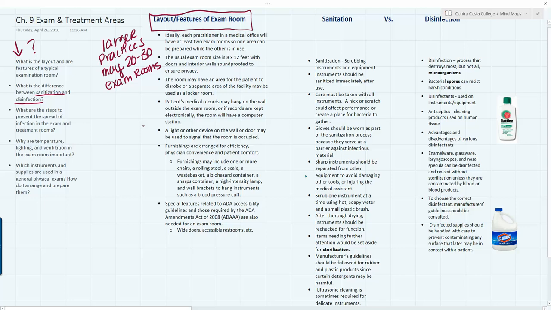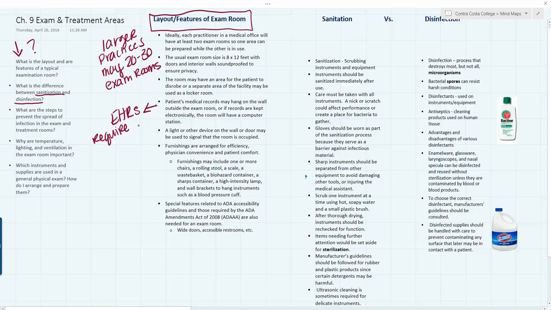The patient's medical records may hang on the wall outside of the exam room, or if the records are kept electronically, the room will have a computer station. Now, with the mandate of EHR, which you will be learning about very shortly, most medical offices and hospitals will be required to have computers now.